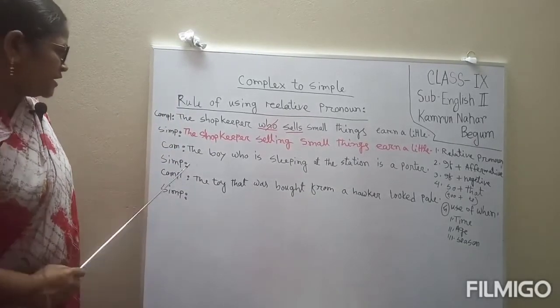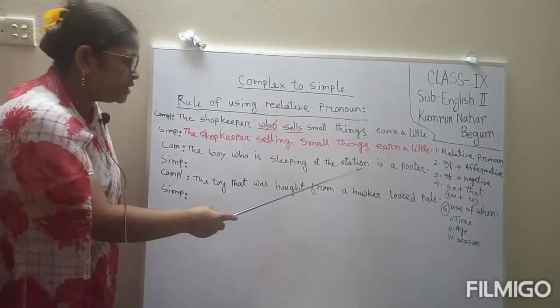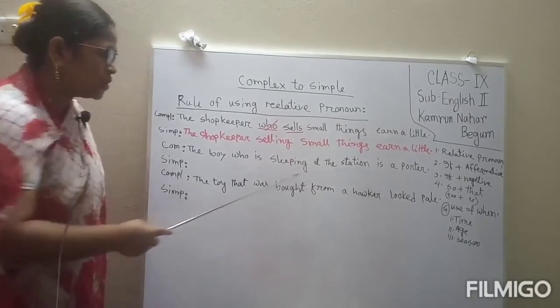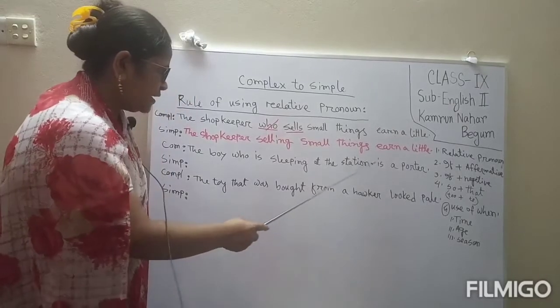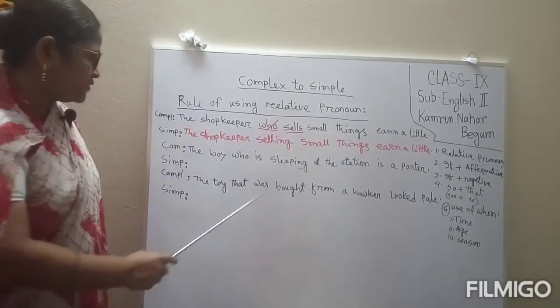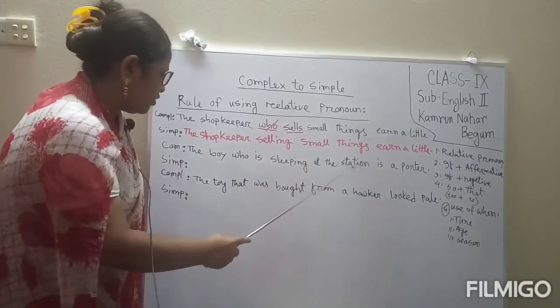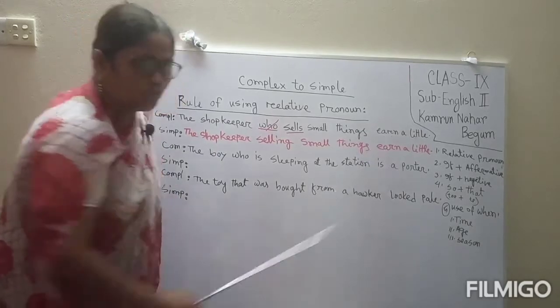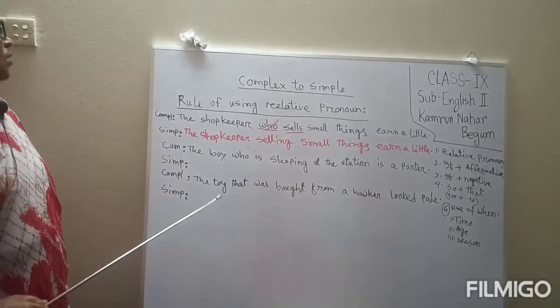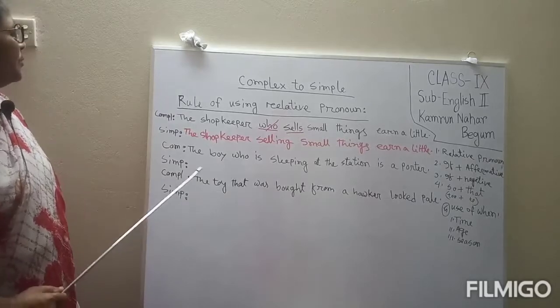Easily you can understand that the boy who is sleeping at the station is a clause, and silently here is an existence of another subject, the boy. Instead of the boy, here we could use he is a porter. Now what will we do?